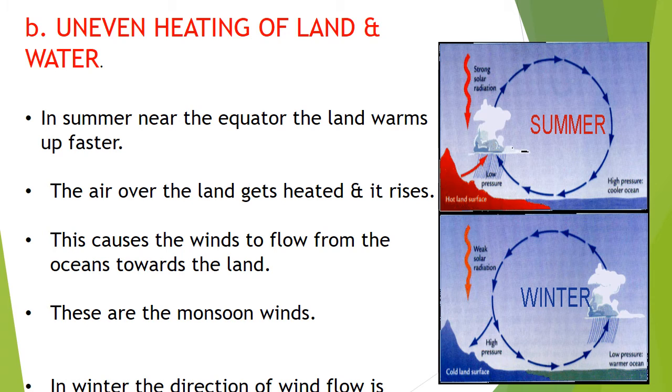In winter season, the opposite thing happens. So what happened? The land gets cooler faster, the water is heated up, and so the wind flow direction is opposite. As a result, the clouds are formed near the ocean region, right?